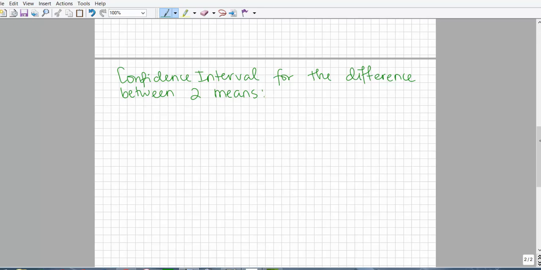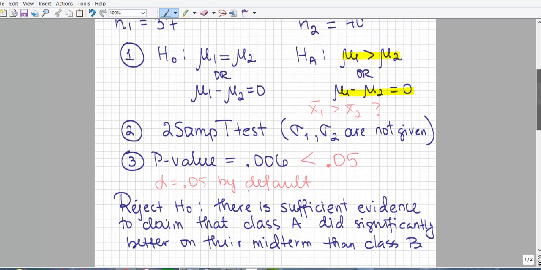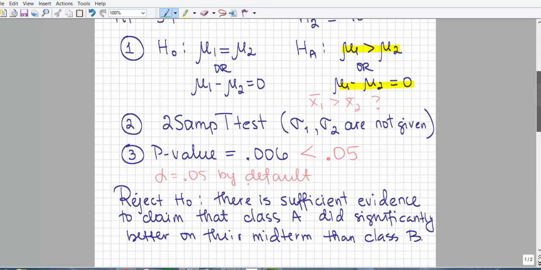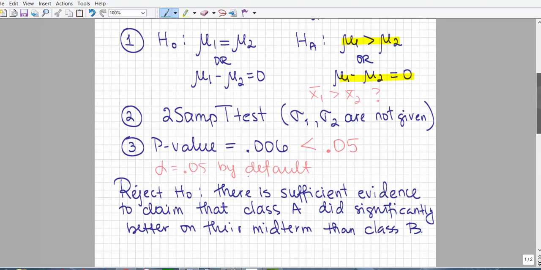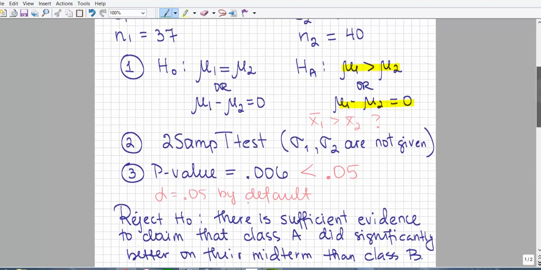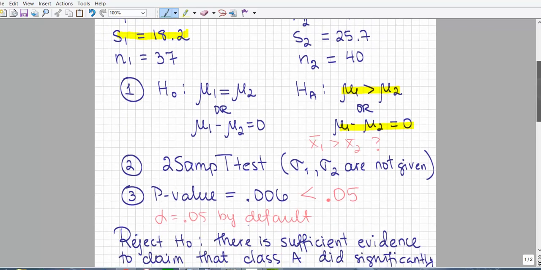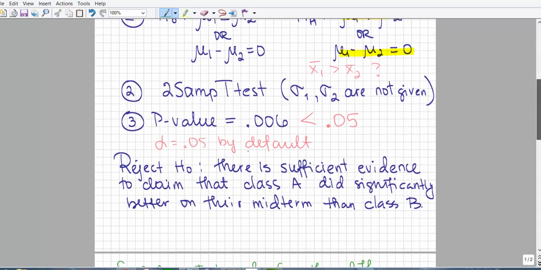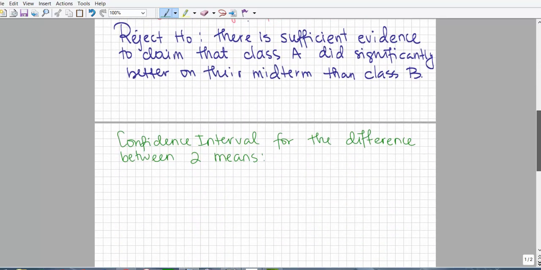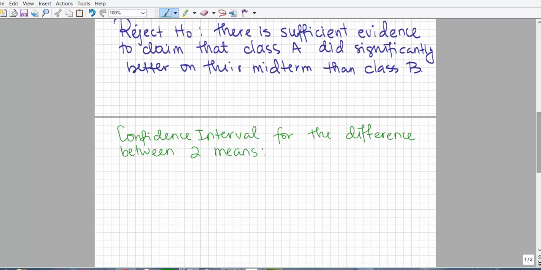How is that different from hypothesis testing? Well, they're really giving you the same information, just slightly in a different way. Hypothesis testing tells you if there is a difference. When there is a difference, the confidence interval tells you what that difference is.